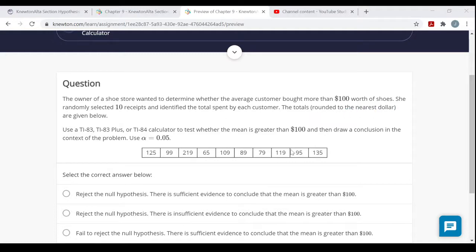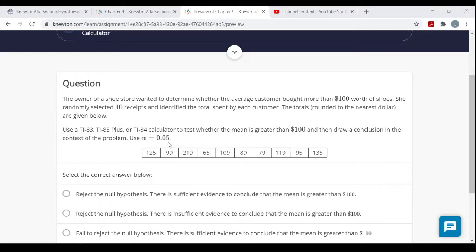One customer spent $125. Another spent $99. Another spent $219, etc. They're asking us to use a calculator to test whether the mean is greater than $100, and then draw a conclusion in the context of the problem using a significance level alpha of 5%.